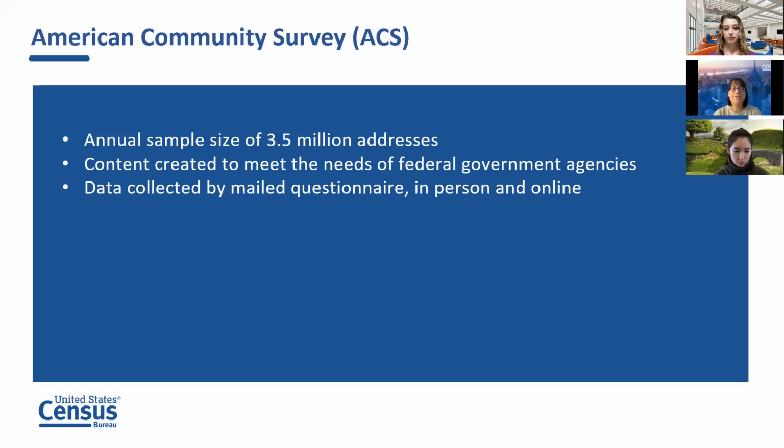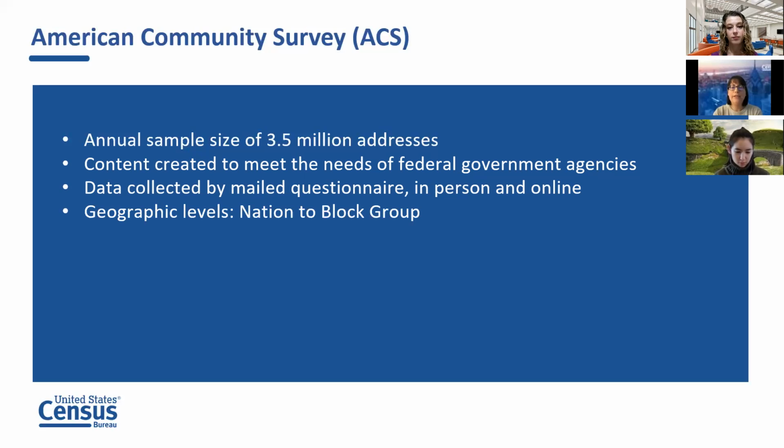Again, the data for this is collected either by a questionnaire, in person or online. Like we did for the decennial census, when we started doing the ACS online, it was a test for us to make sure that we could collect other censuses and questionnaires online, which was very successful for us in 2020.